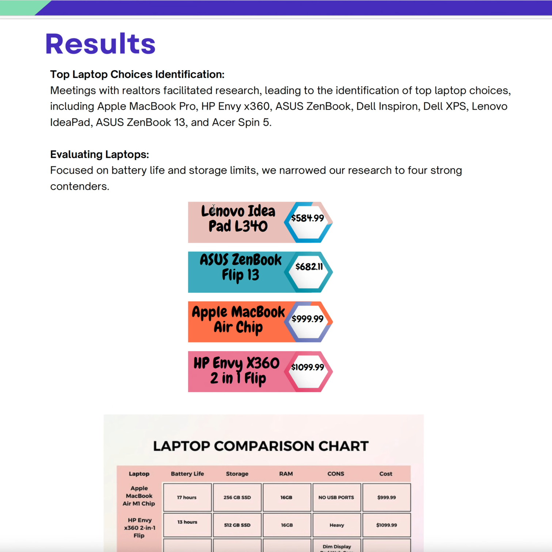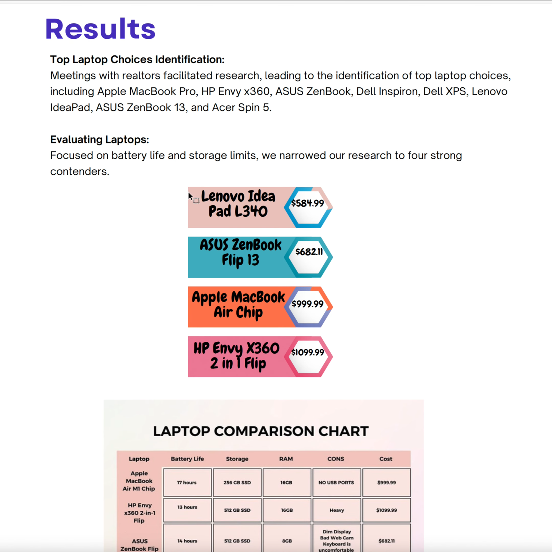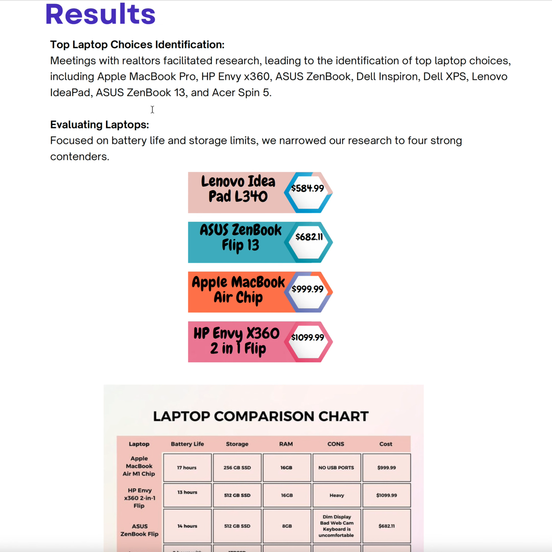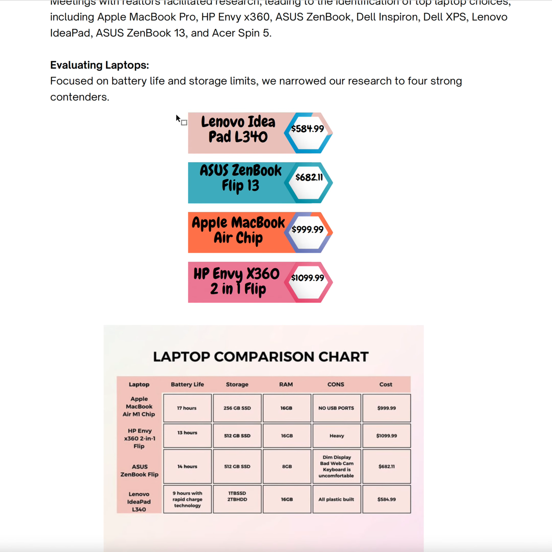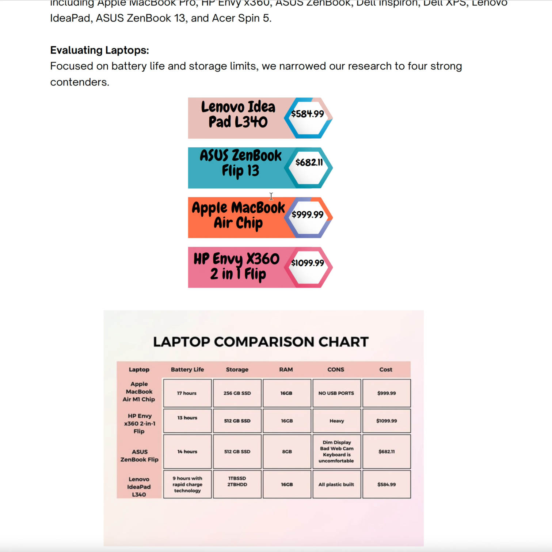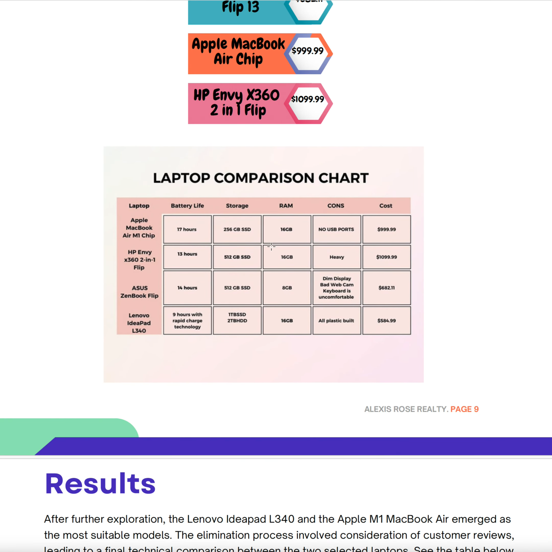So basically, she just kind of introduces the criteria and the ones that she is looking at. Those are the ones that she researched. Then coming down to evaluating the laptops, she made this cute little graphic, but she's basically just telling you these are the 4 that I compared, and then she puts the criteria that's related to what's written above in this chart.